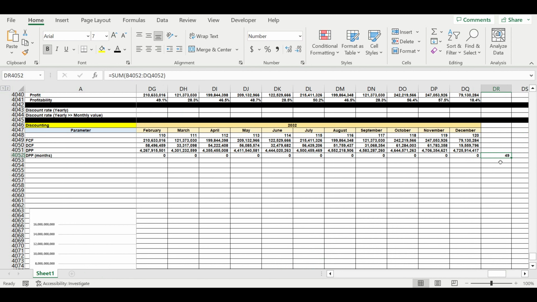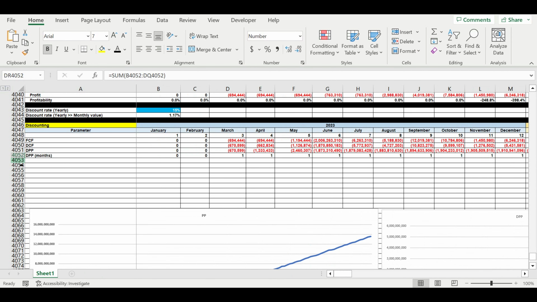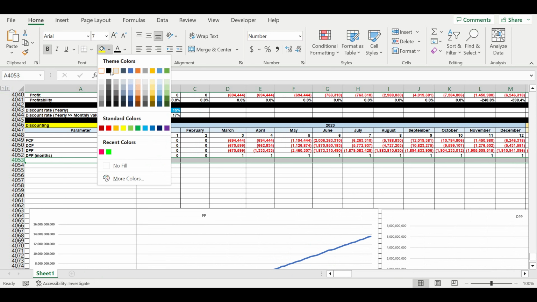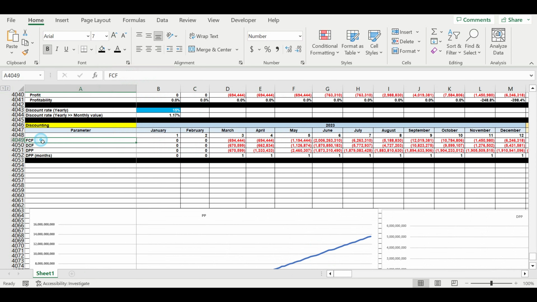And now let's create a block for our financials. So this will be financial efficiency. This will be parameter.